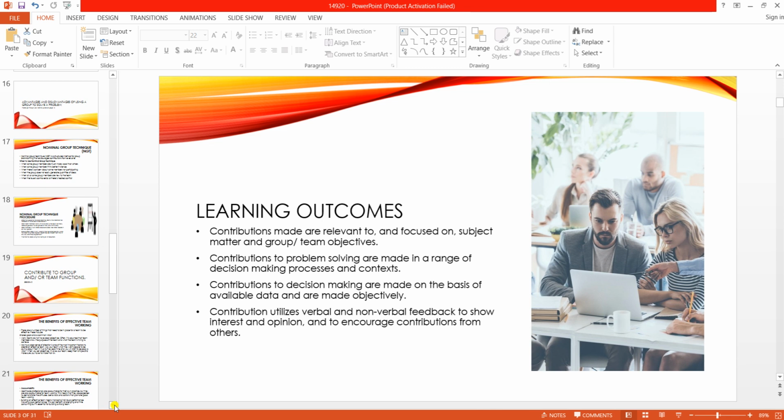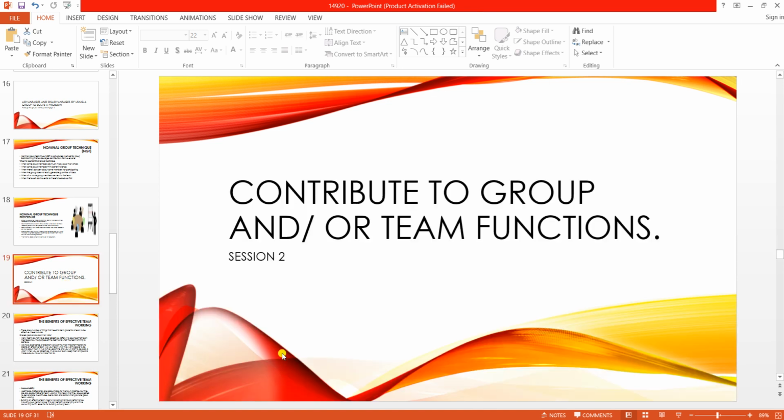So utilizing this technique may assist the team to give skills transfer and have everyone participate in group activities. So let's move on to session 2, the last session for this unit standard.